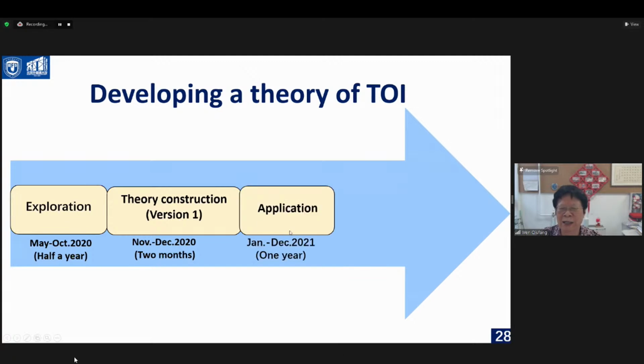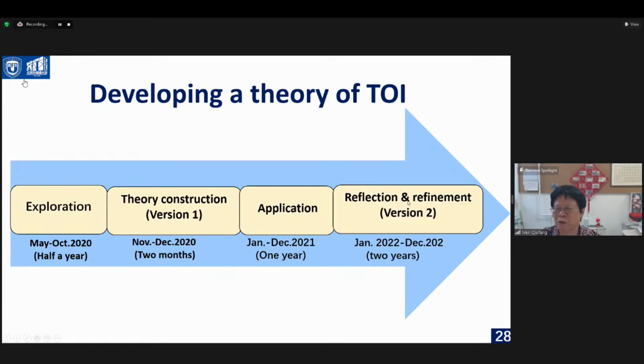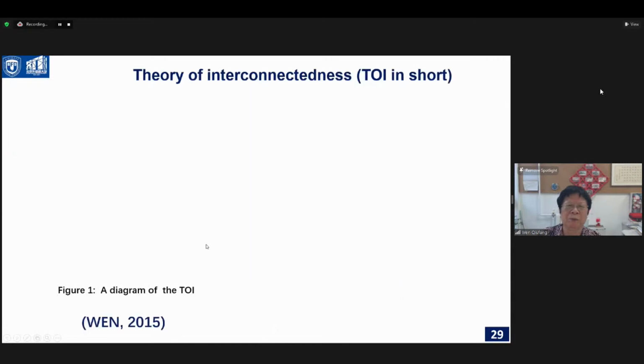And then we applied the first version to the first CC. This is the application stage. Now that's reflection and refinement. We would like to have a version 2. This is from this year until next year, sorry, 2023. We will need two years.